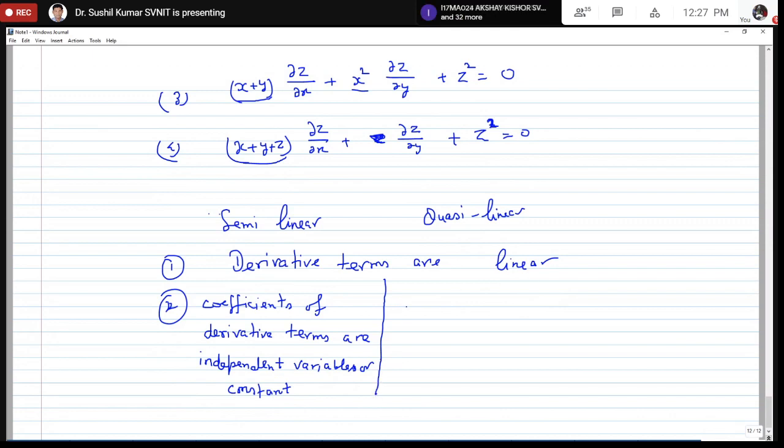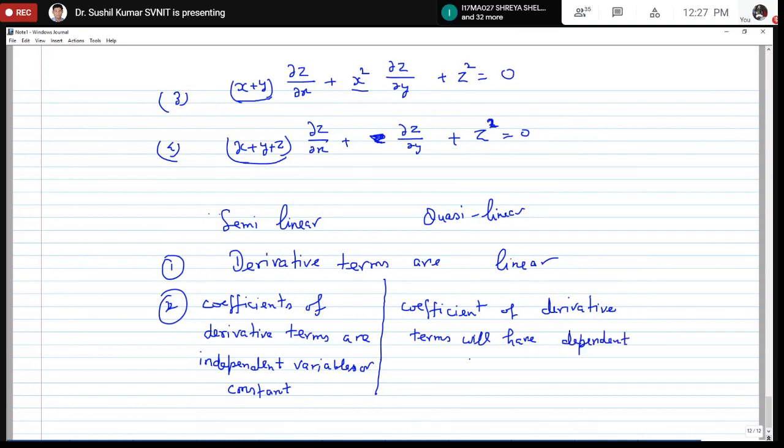But in this case, coefficients of derivative terms have the dependent variable. Usually, coefficients of derivative terms are functions of independent variables or constant.